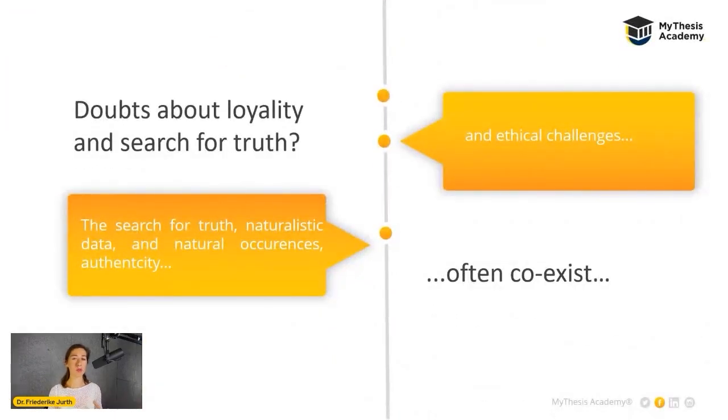One of the most complicated issues is the question of loyalty. As you know, when we conduct a research project, we are naturally in search of truth, also for naturalistic data, for natural situations and occurrences, and after all, for a certain authenticity.